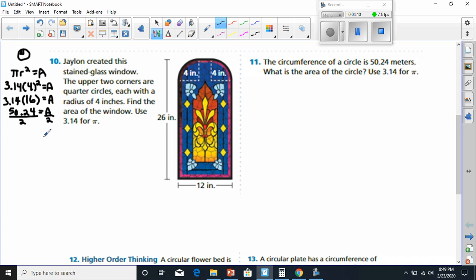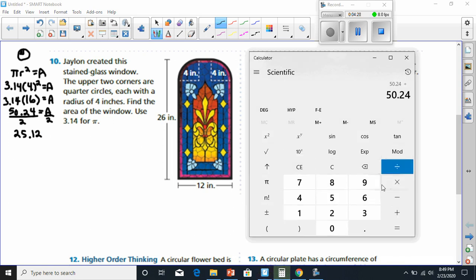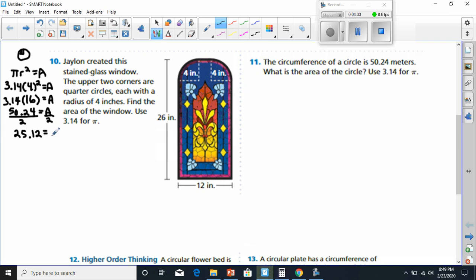So if we do this, we realize that our answer is going to be 25.12. Divided by 2, 25.12. And that's going to be the area of basically half a circle, right? We'll put that as the area of the 2 corner windows.